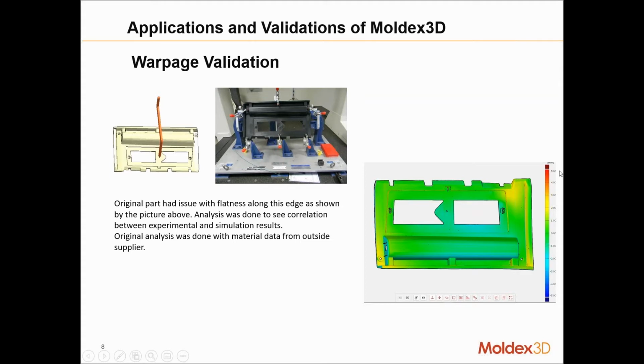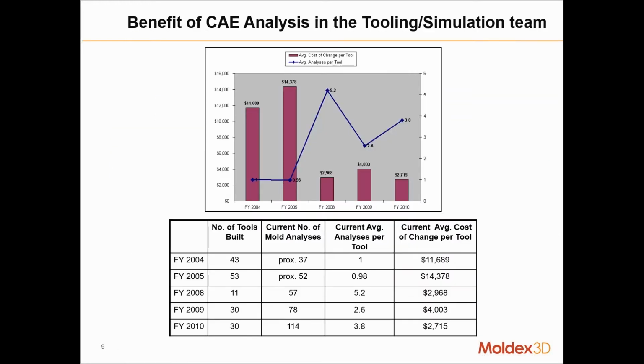But if you are seeing the red or purple colors, it is either under-predicted or over-predicted. This also shows you the benefit of using simulation, how much money we are able to save per tool. This is from one of the users who shared it many years ago, so you can see the history from 2004 up to 2010.